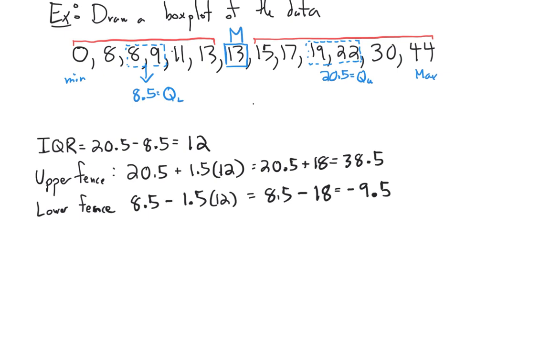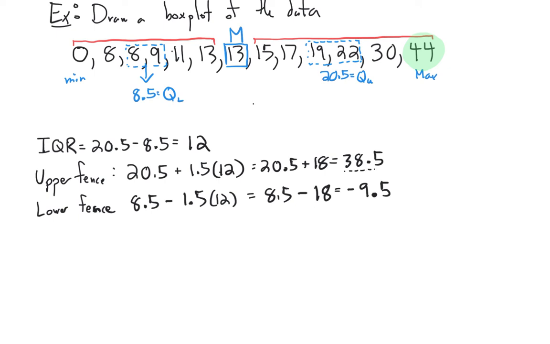Okay, great. So now we can determine if we have any outliers. And we do. We have one outlier above. So this one here, because it's bigger than 38.5, it's an outlier.